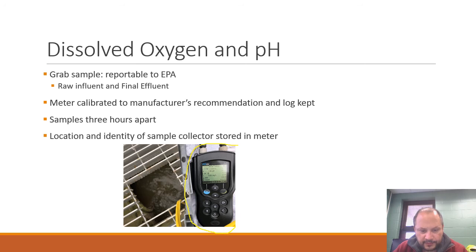So in this display model, we're able to store the test results. We're able to store who actually did the test and where the test was taken, what time it was taken. So that helps us maintain our records for EPA should they ever want to look at them.